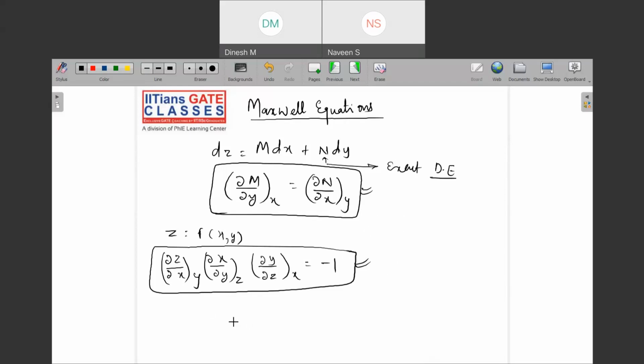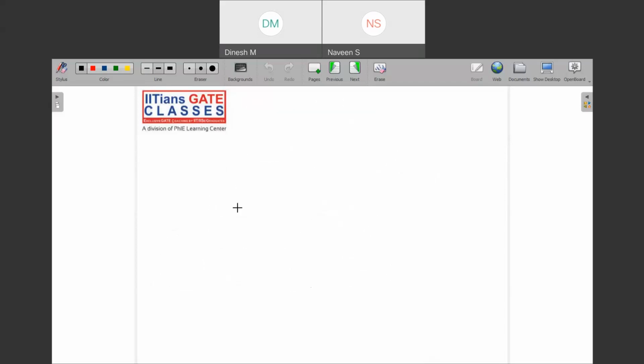So we have four equations which will help us determine the Maxwell equations. First, this is your first Maxwell equation. We know that TdS is equal to dU plus pdV, right?